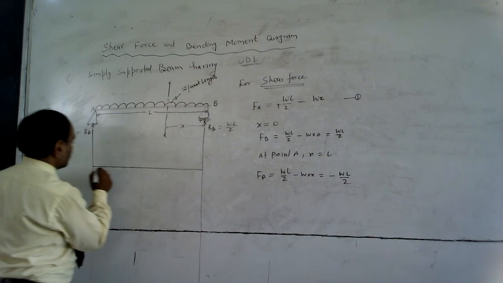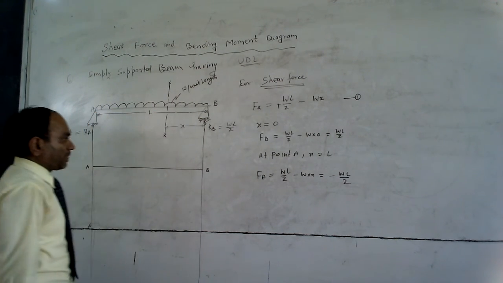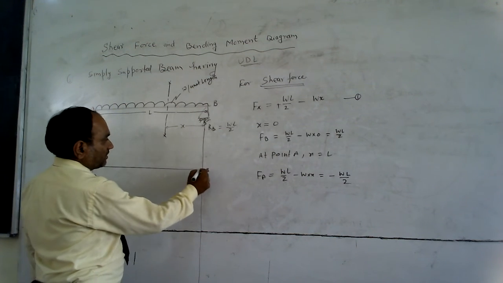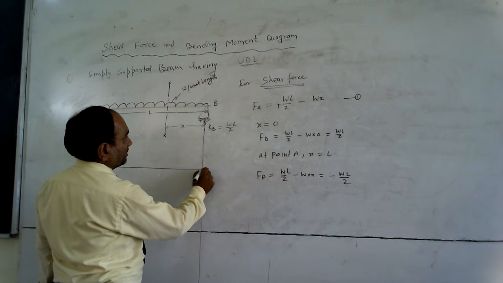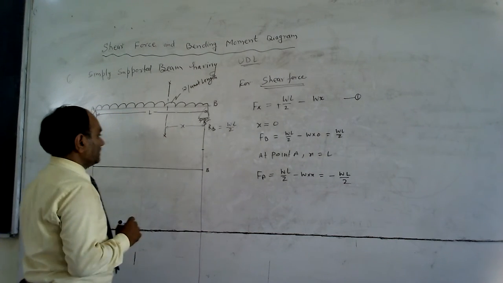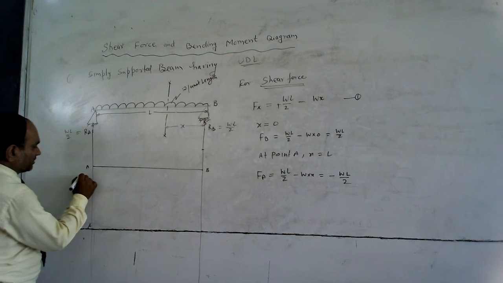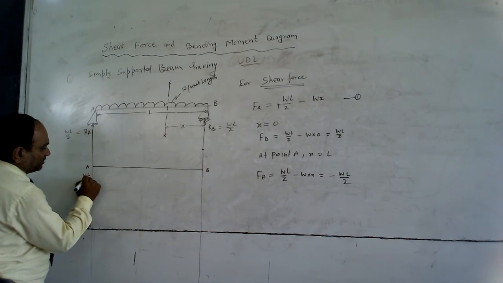This is the horizontal line, A and this one is B. Here the shear force at point B is wL by 2, which is positive, and at point A it is negative wL by 2.